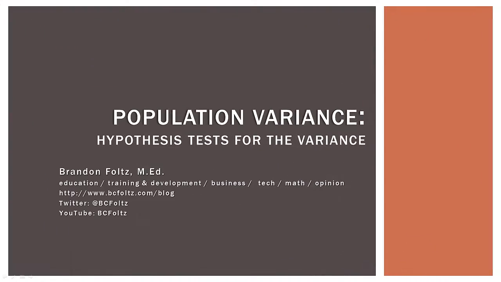So that wraps up our video on hypothesis test for the variance. Now remember, usually what happens in these sort of scenarios is that we set some goal. Either that's a goal our company makes or it's some industry standard for the variance. Then we test whether or not our production is meeting those goals or standards.